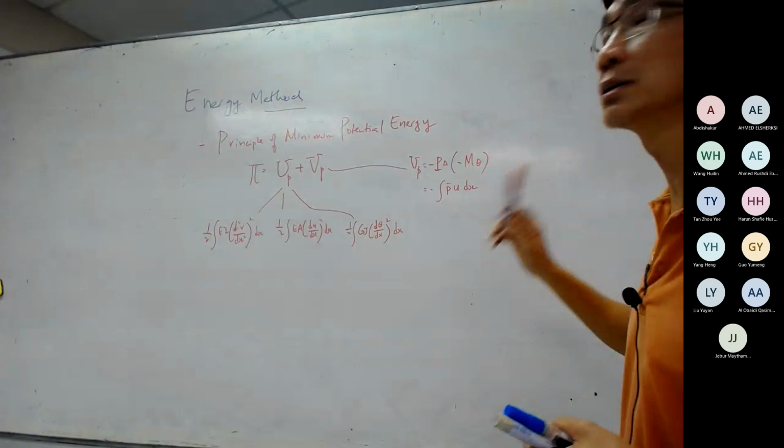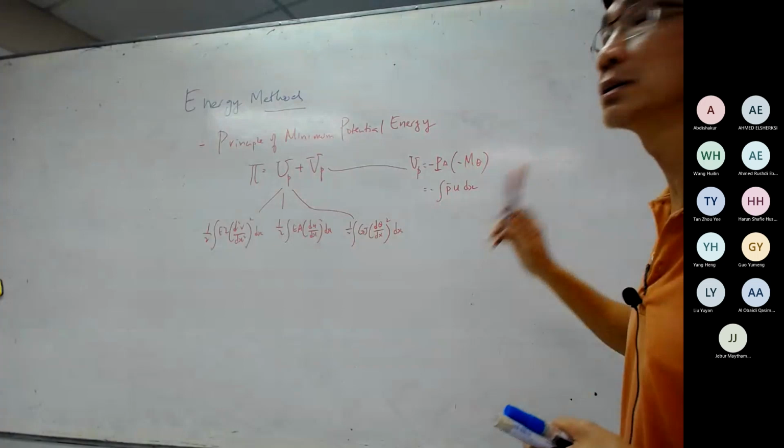And according to the principle of minimum potential energy, the variation of Pi is 0. This means that del Pi / del di equals 0, where i is 1, 2, 3 until n. This is the degrees of freedom.